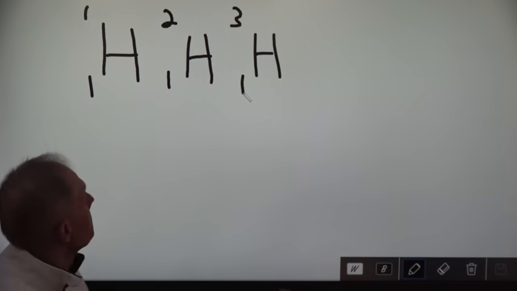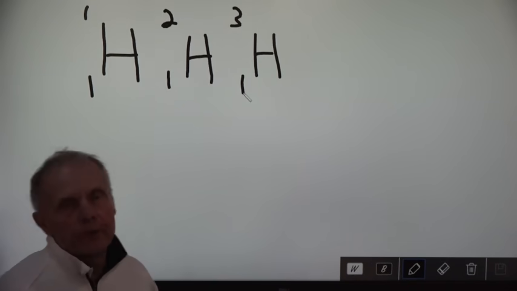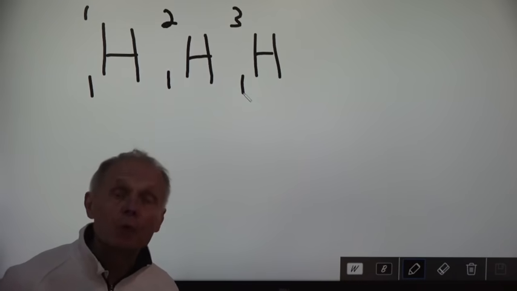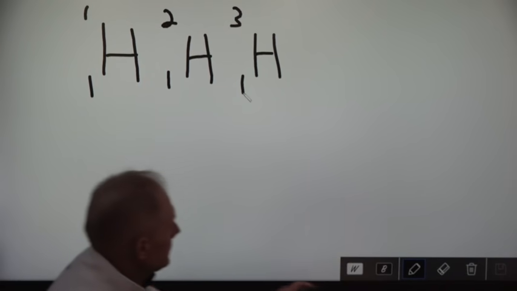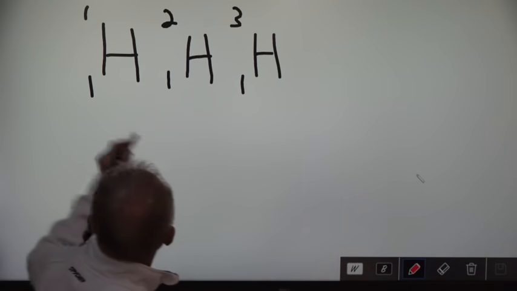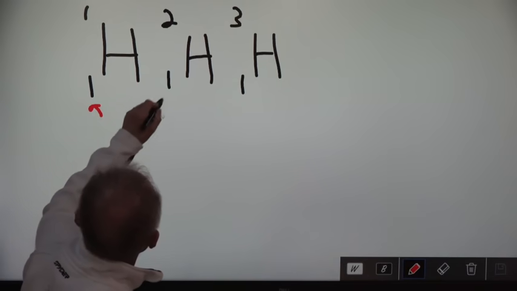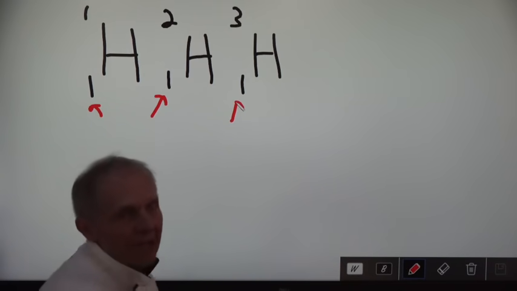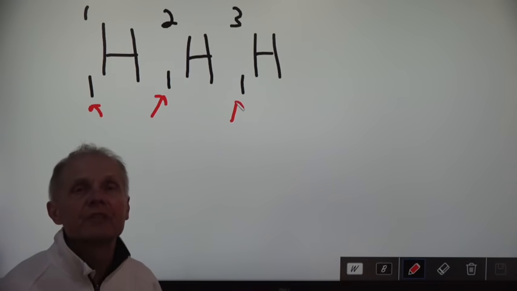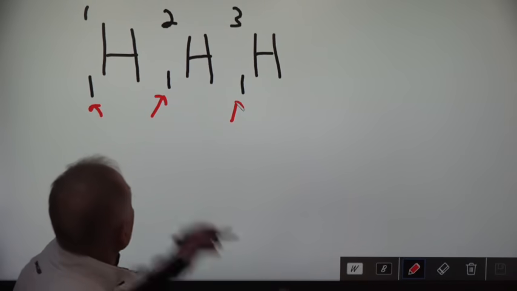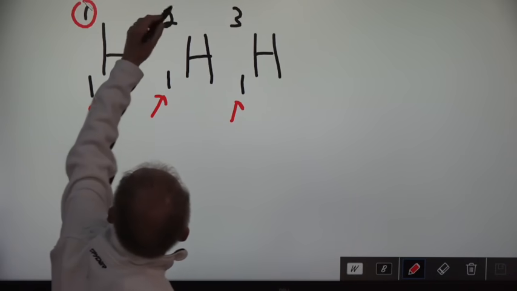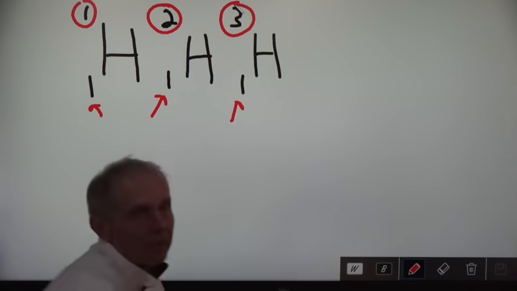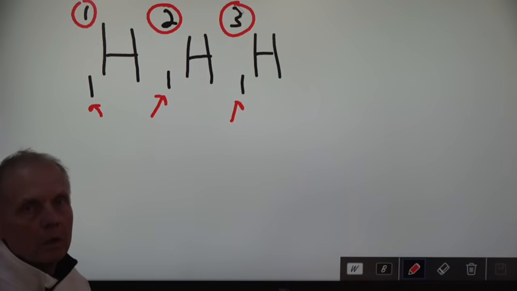So don't forget, H11, H21, H31, do they abide by the isotope rules? Yes. They all have the same atomic number, which means the same proton number, but they have different atomic masses.